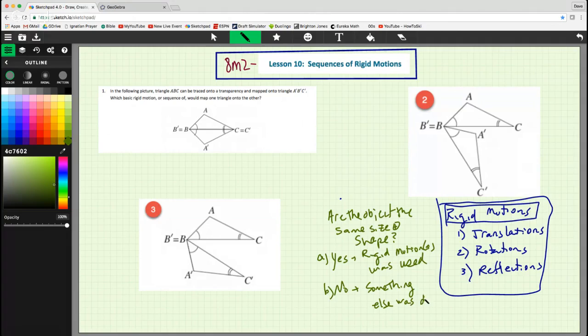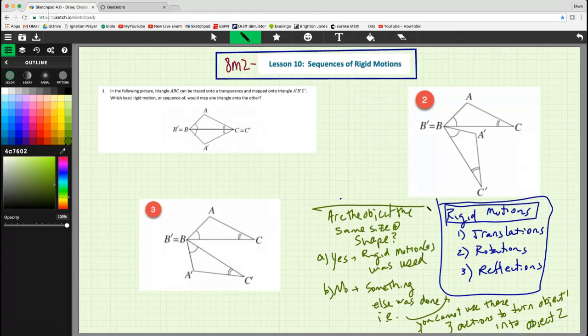In other words, i.e., you cannot use these three actions to turn object one into object two.